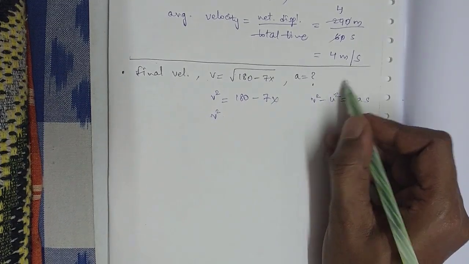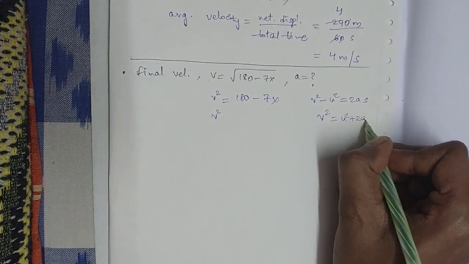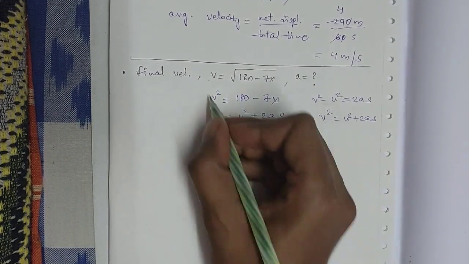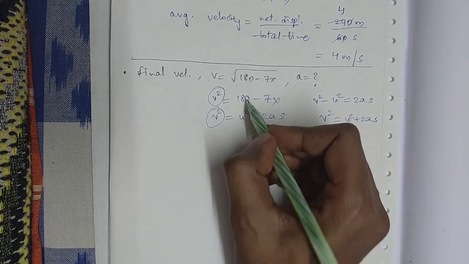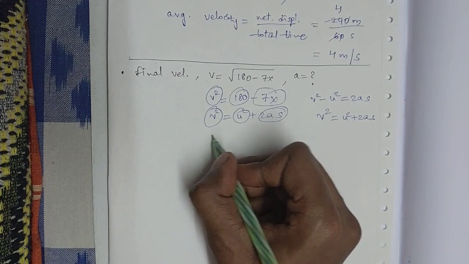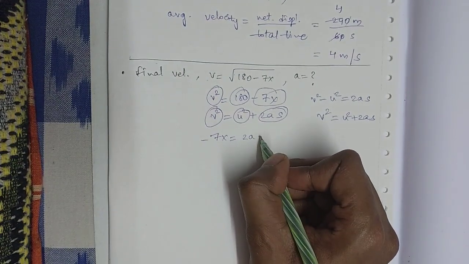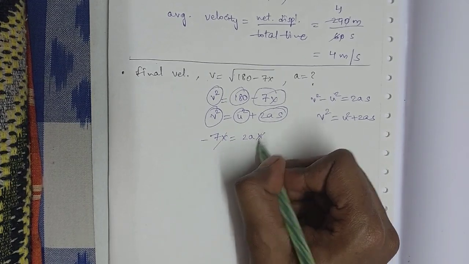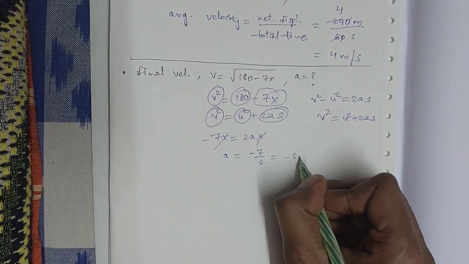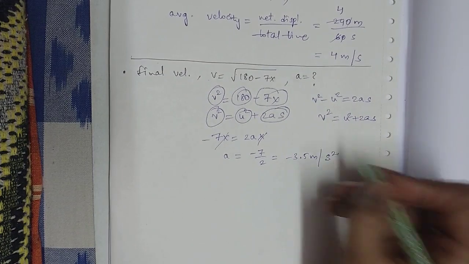When we take u square to the right side, it becomes v square equals u square plus 2as. If we write v square equals u square plus 2as, v square is the same, 180 is u square, and minus 7x is 2as. So minus 7x equals 2a times s. s is nothing but x, the displacement. x gets cancelled. Then acceleration equals minus 7 by 2, which is minus 3.5 meters per second square.